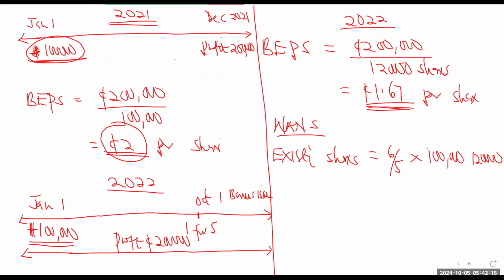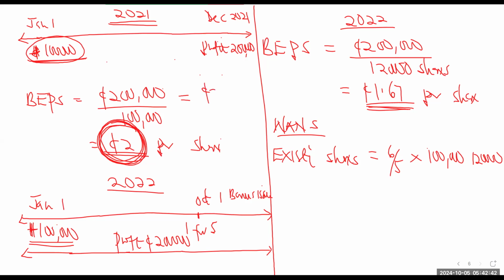So for us to be able to avoid that particular explanation, we will come and restate what we call the previous earnings per share, so that they will not be saying, why don't we have new shareholders and we are now having this and this. We tell them the effect is because of the bonus issue. So what we do over here is that we have to come and recalculate this.